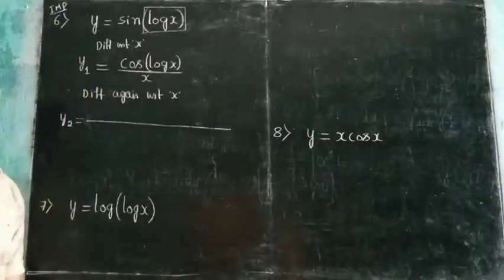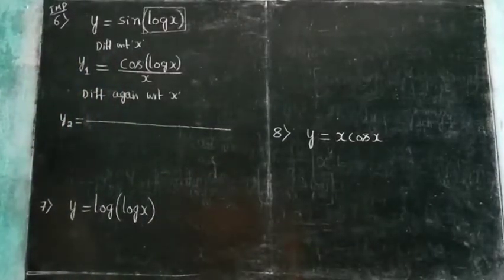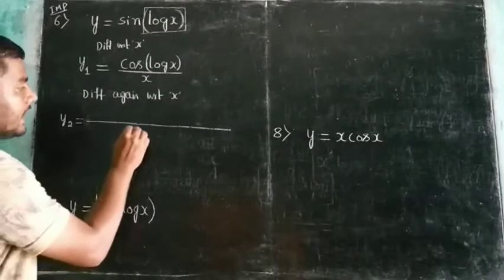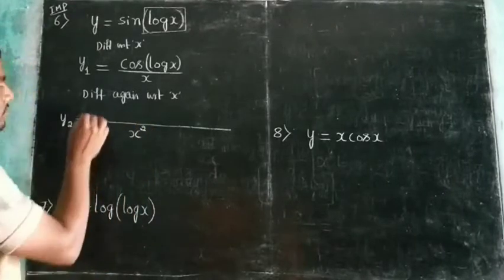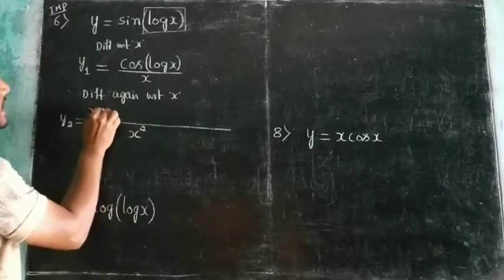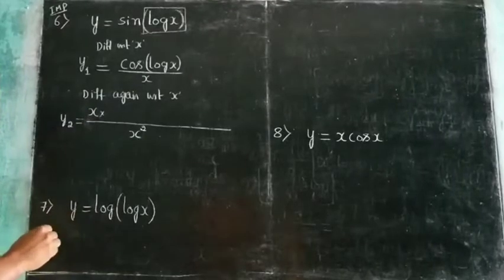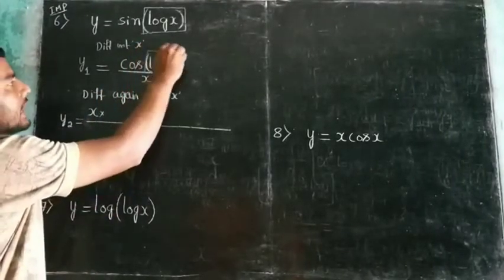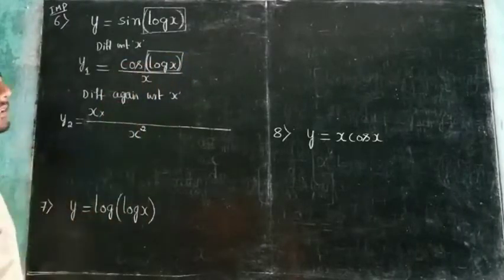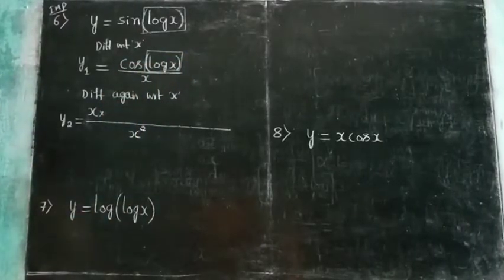differentiate the problem by using the u by v rule, that is the quotient rule. By the quotient rule, take denominator square. Denominator square is nothing but x square, and take denominator as it is into the derivative of numerator. The derivative of numerator, write carefully.